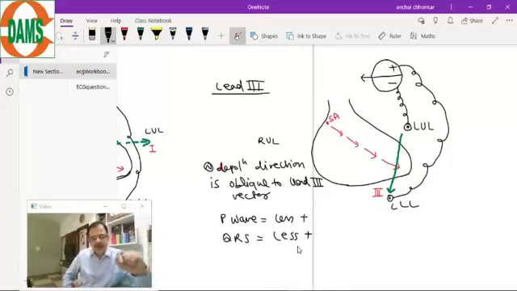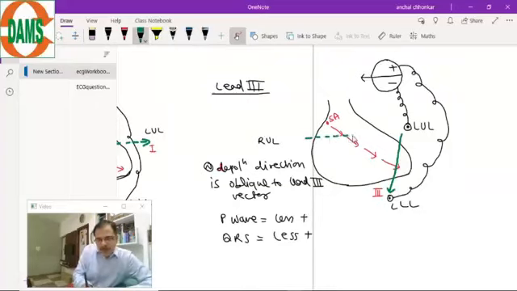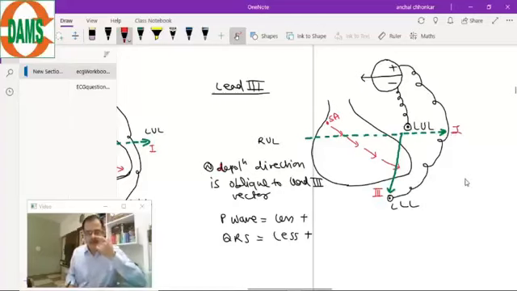Now let's look at the angle of lead 3 in relation to lead 1. Lead 1 was at 0 degree, so we'll take the angle from there. This was the lead 1 location, at 0 degree.